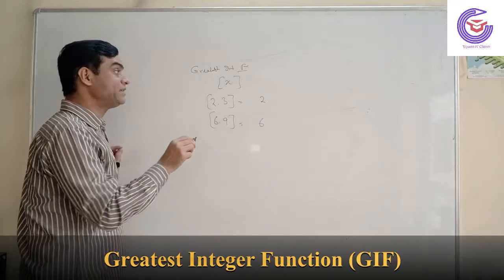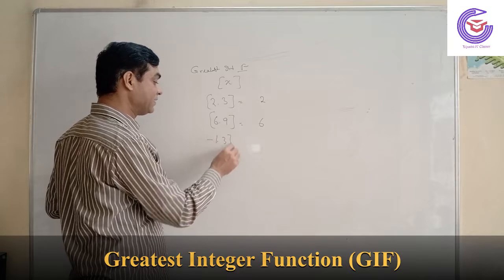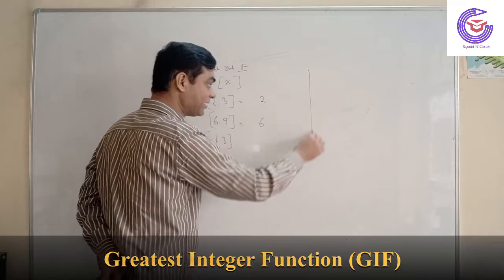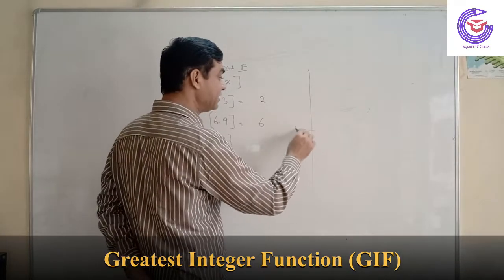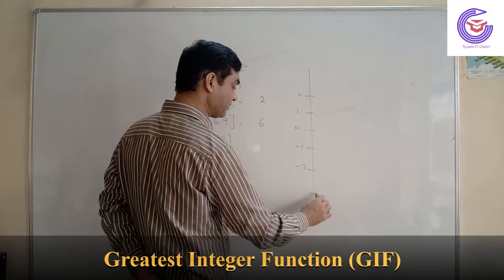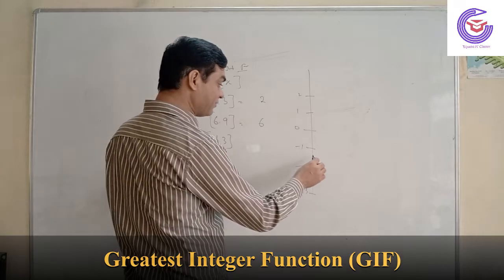But the point is when you give a negative number, suppose you are given minus 1.3. So why is it called the greatest integer function? If you plot a number line vertically, 0, 1, 2, minus 1, minus 2, minus 3, then minus 1.3 comes out somewhere here.